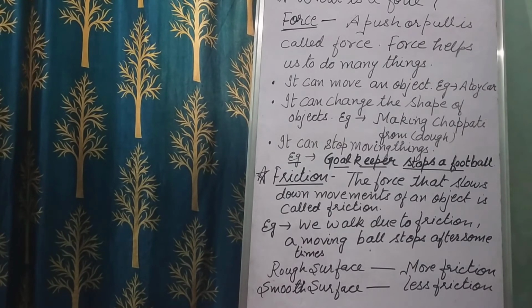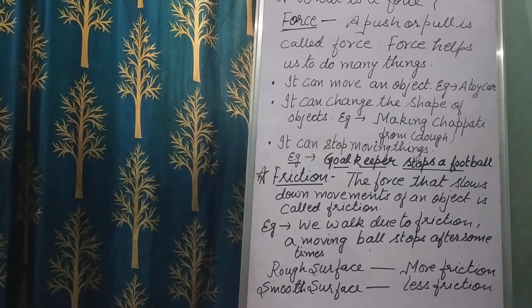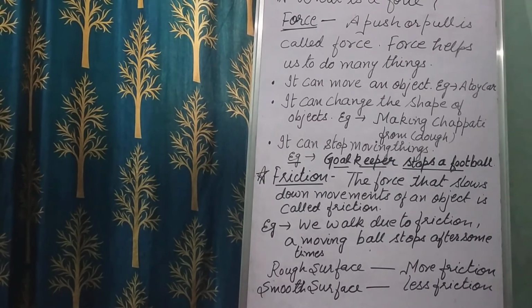Children, friction is the force between two surfaces that are sliding or trying to slide across each other. And children, friction always works in the direction opposite to the direction in which an object is moving or trying to move. You can say friction is the resistance of motion.